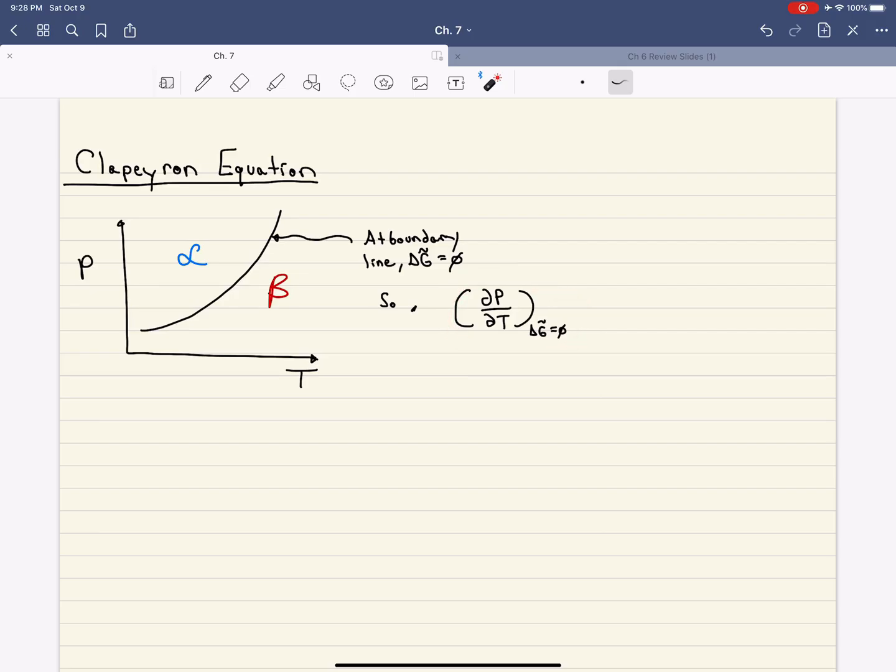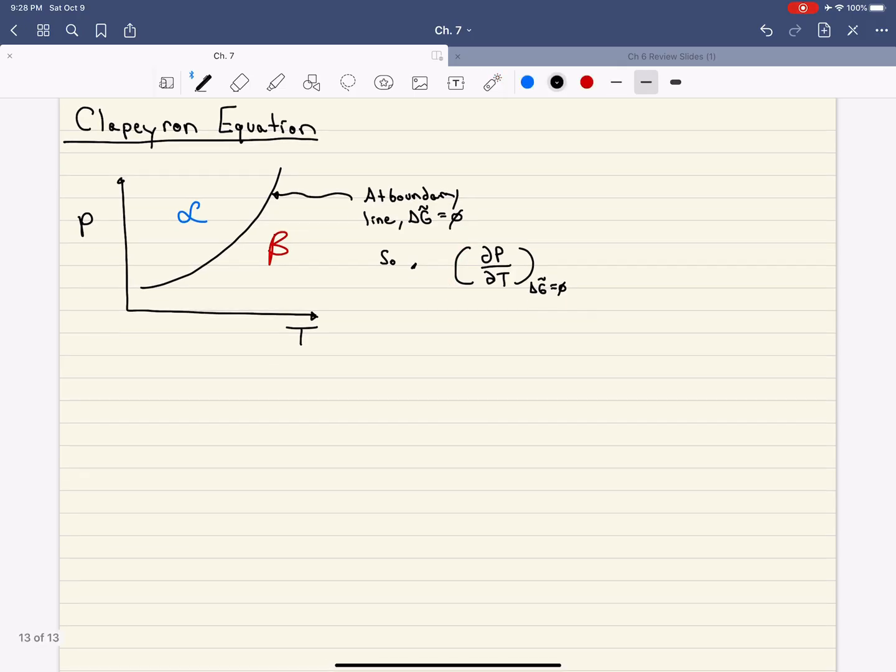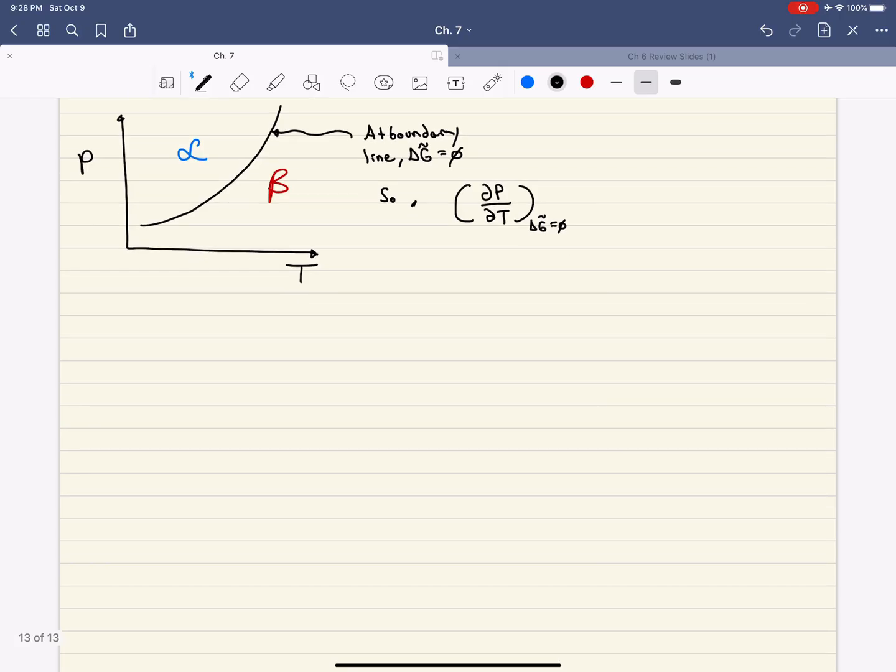And so, we have this here. And what we could do here to turn it into something that could allow us to calculate values is we could apply the triple product rule. Okay?